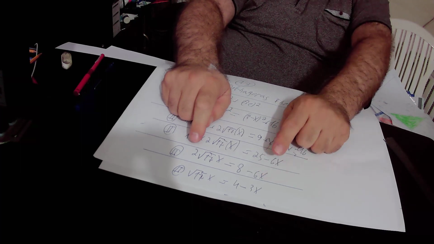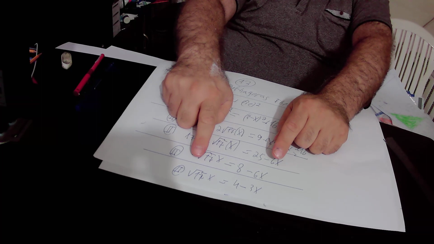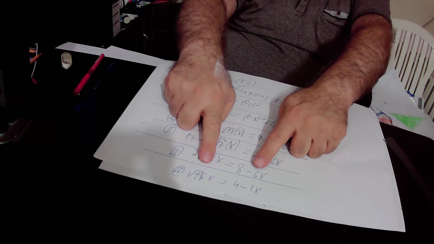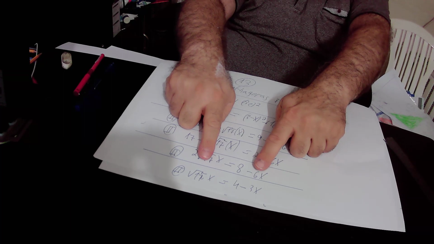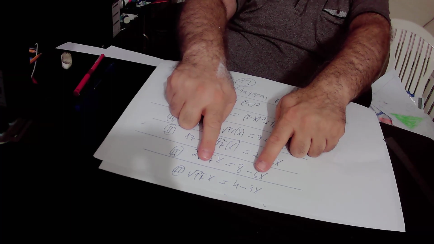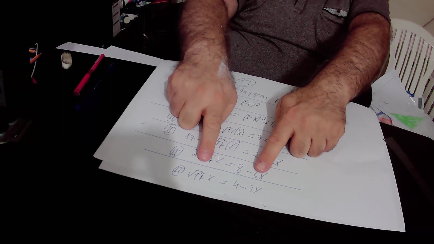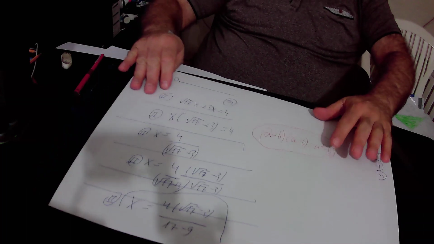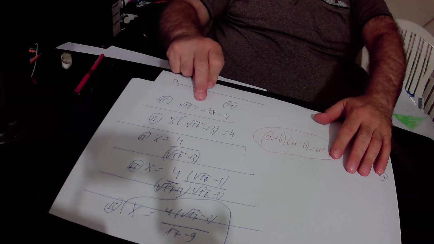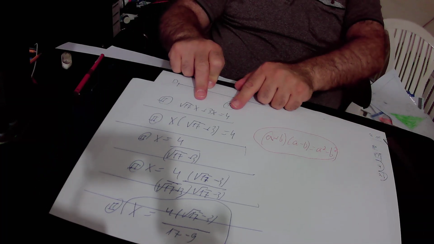So in total we got that the square root of 17x equals 4 minus 3x. So here we added 3x to this equation number 2, and we got that square root of 17x plus 3x equals 4.